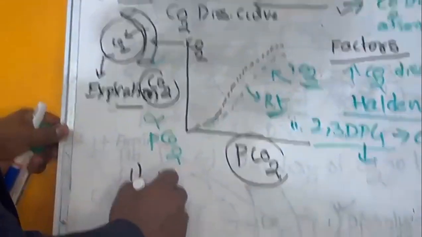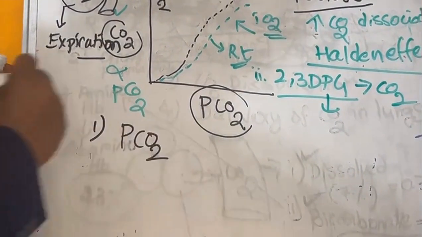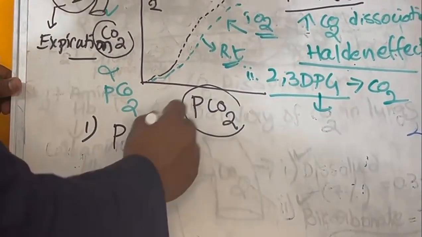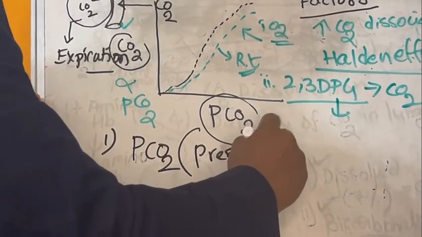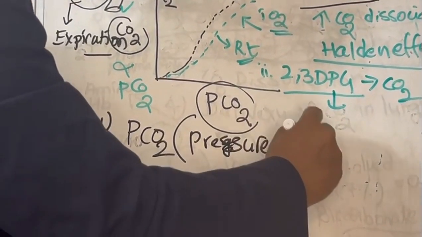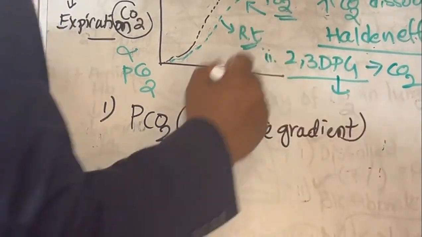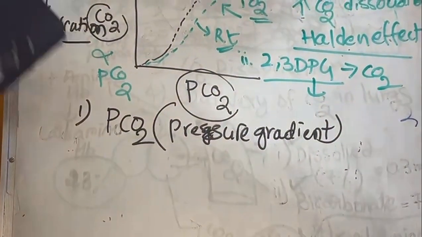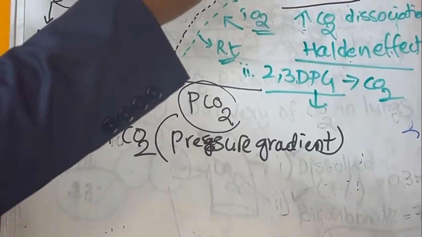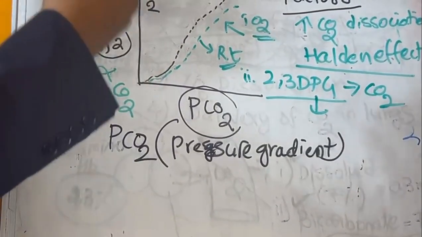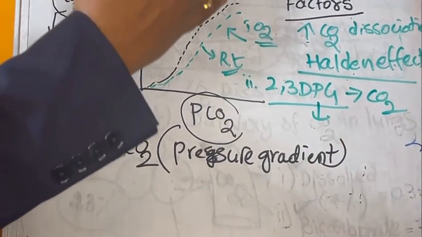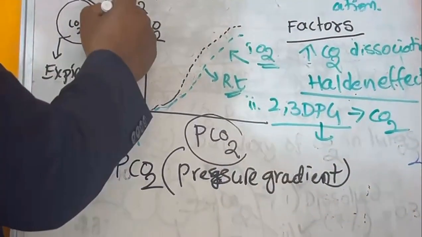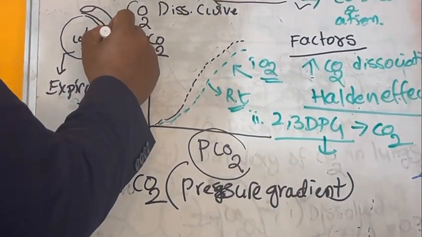One factor is partial pressure of CO2. Due to the pressure gradient, as I said in the beginning, the tissue releases CO2 because the carbon dioxide gradient is more, and it releases into the surrounding capillary. From there it travels to the pulmonary capillary.